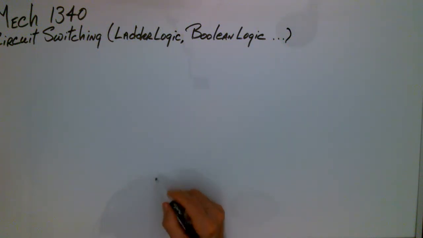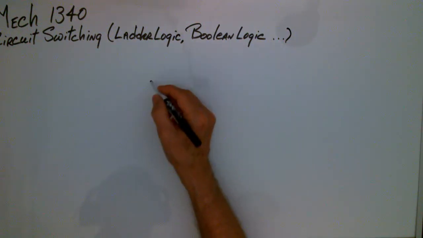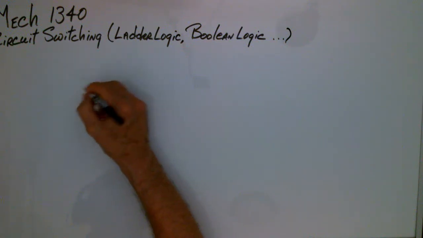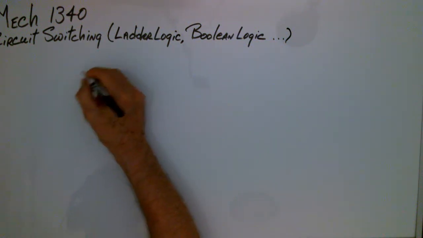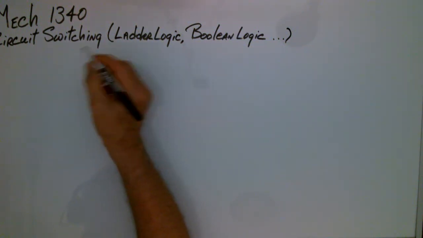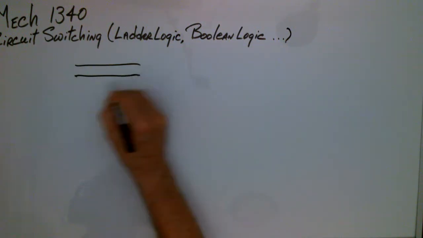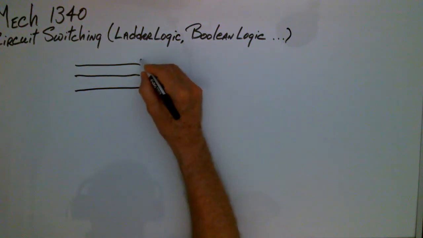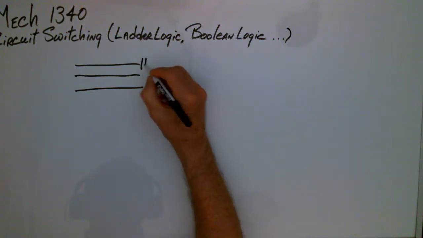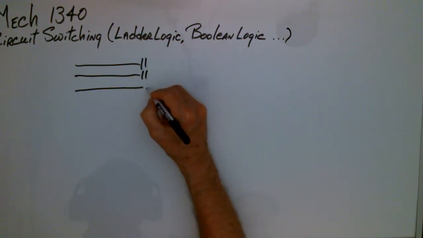Where does that come from? If you recall, generally in manufacturing operations, we have a circuit. Power comes in. We have three main power contacts.